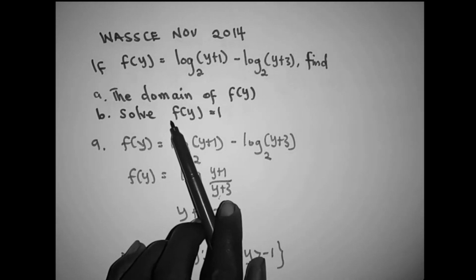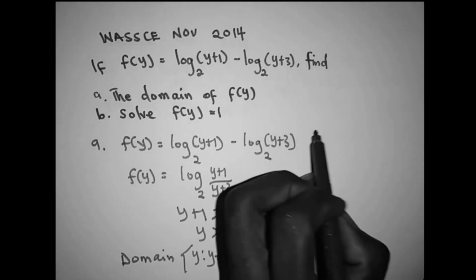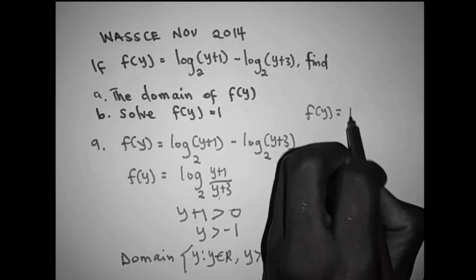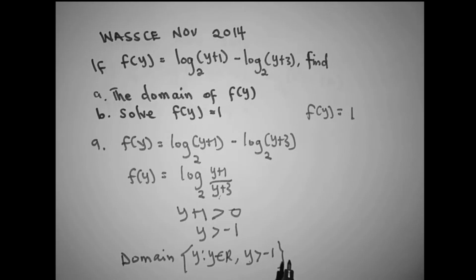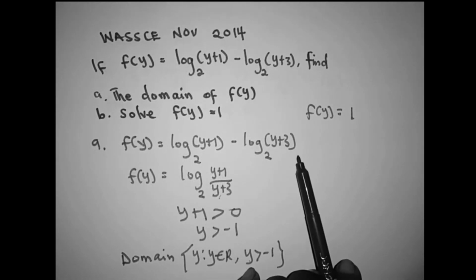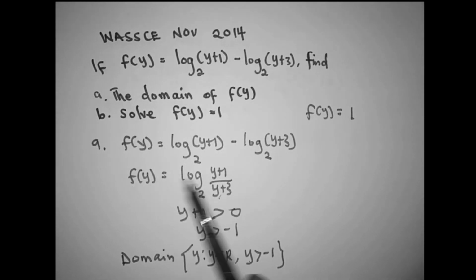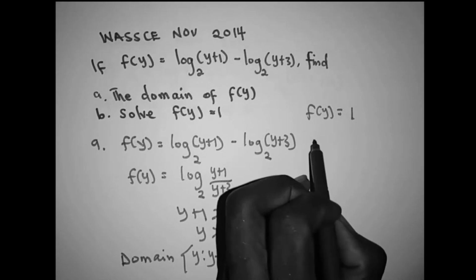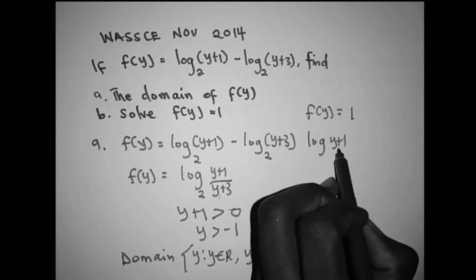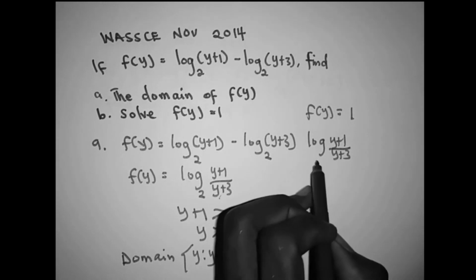Then now let's come to the b part, which is f of y equals 1. So what we must do is equate this equation f of y to 1. But we've already written f of y as log y plus 1 over y plus 3 base 2.